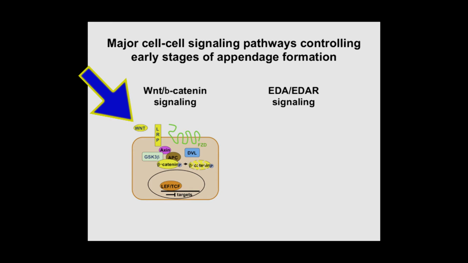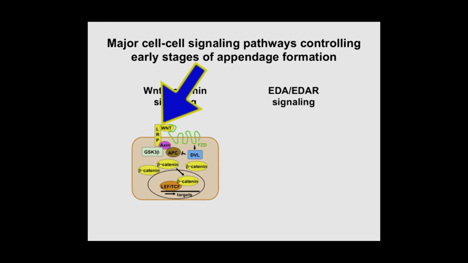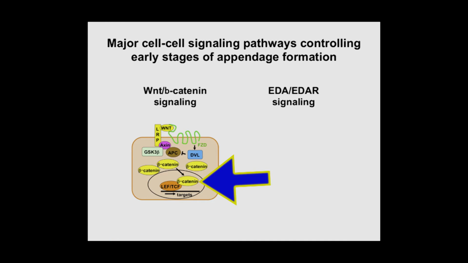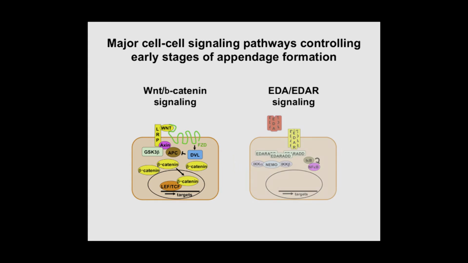So this is made by another cell, and it floats out and then starts to interact with receptors on the receiving cell. And this causes a whole series of intracellular changes that end up with the activation of target gene expression. And these genes then can cause a change in fate of the cell.